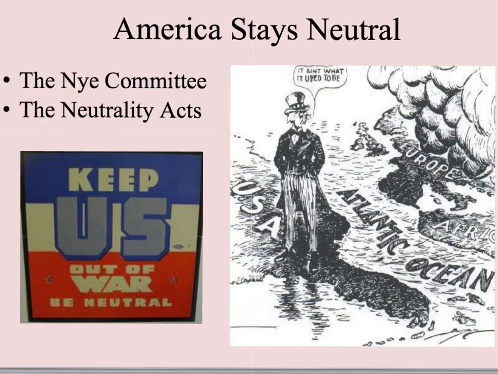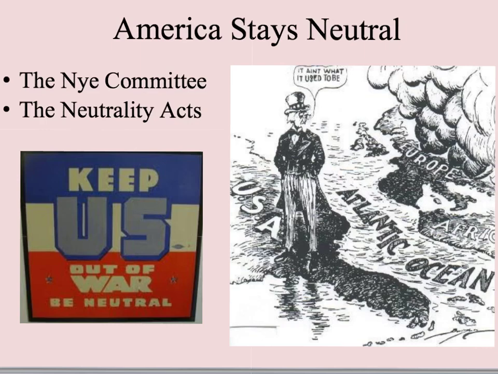Meanwhile, back in the United States throughout the 1930s, the U.S. is passing a series of neutrality acts aimed at trying to keep the U.S. out of all foreign wars. For example, the United States government said that U.S. citizens shouldn't travel on ships of warring nations, to try to not have another Lusitania incident from World War One.